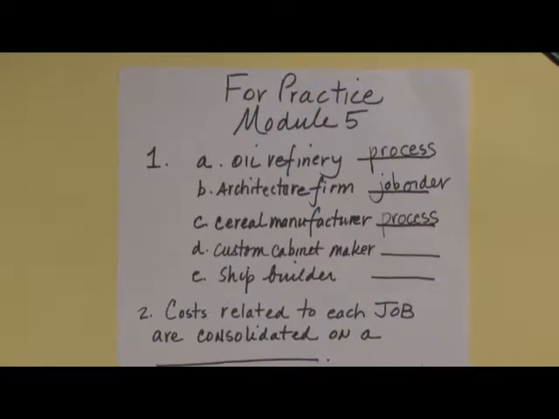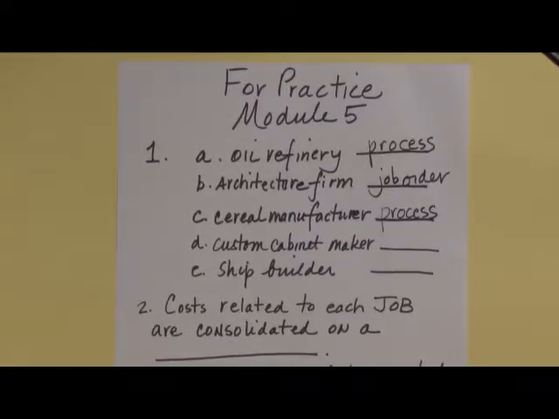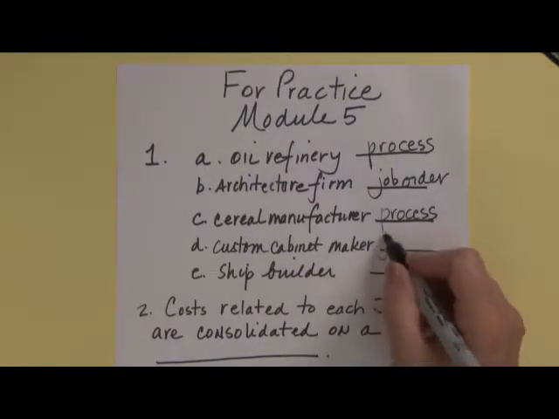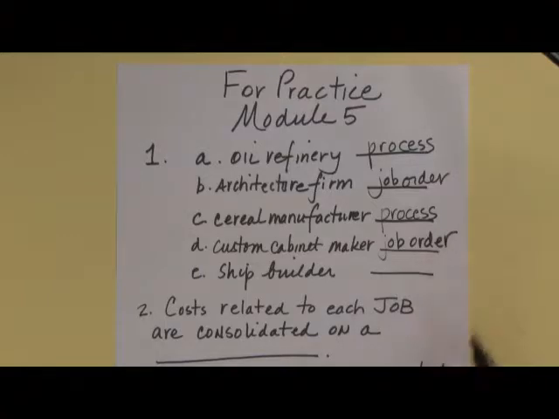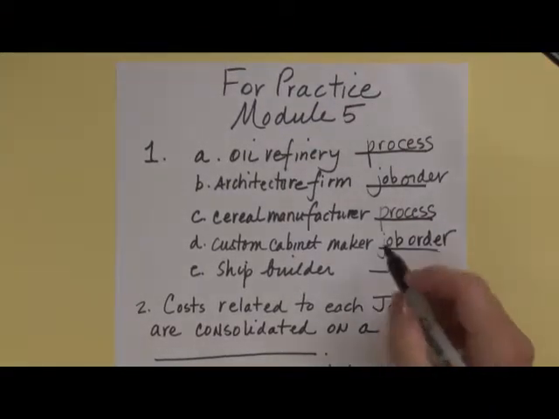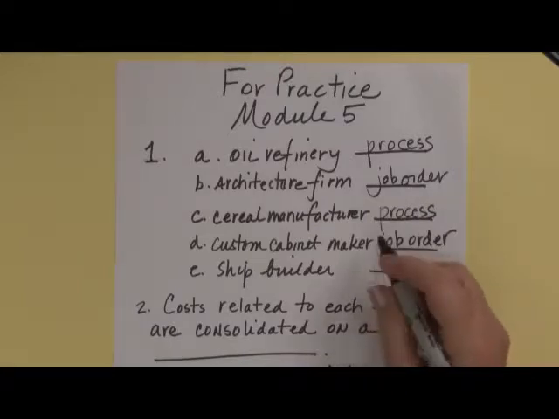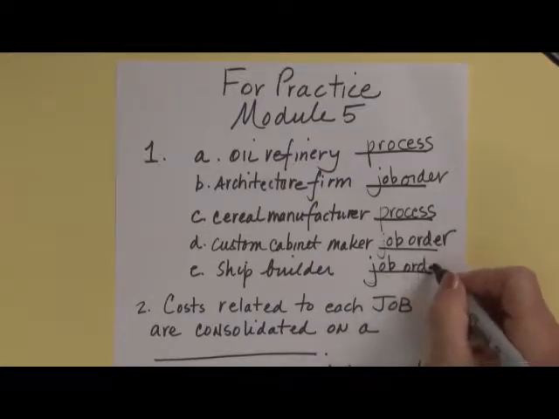When we have a cabinet maker who makes customized cabinets for individual customers, this would be an appropriate use of job order costing here. And when we're talking about a ship builder, each ship or each output would be unique, and job order would be appropriate.